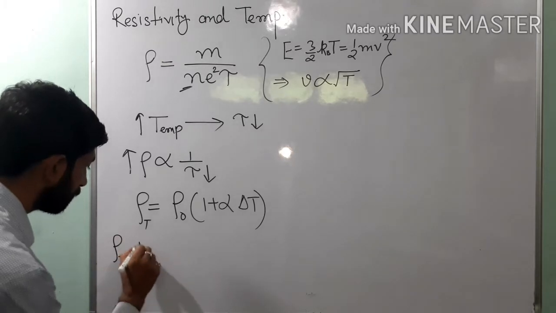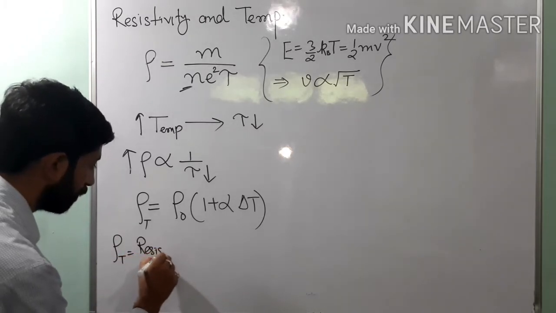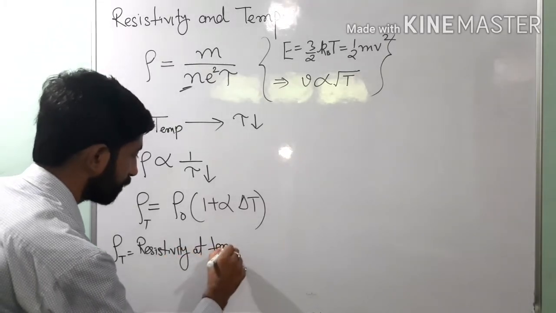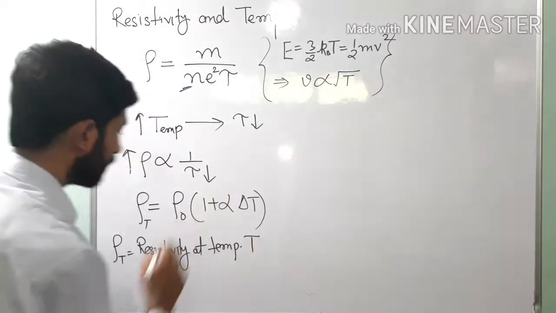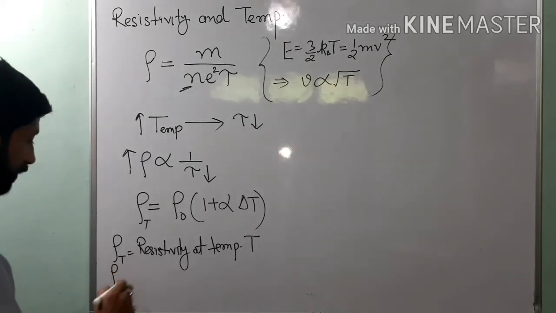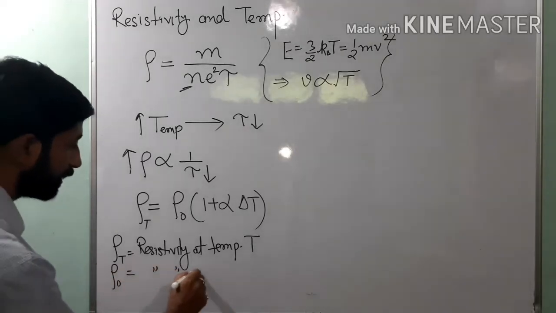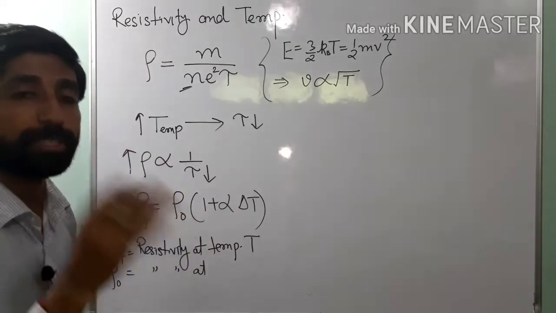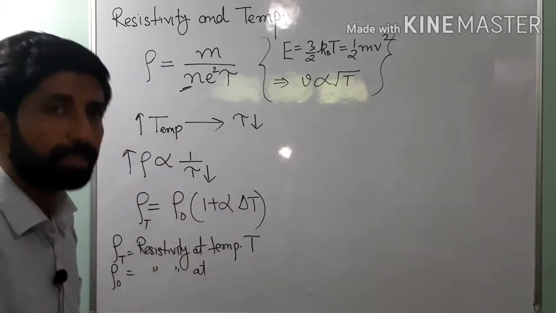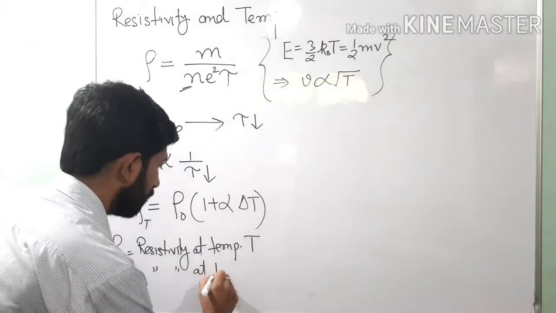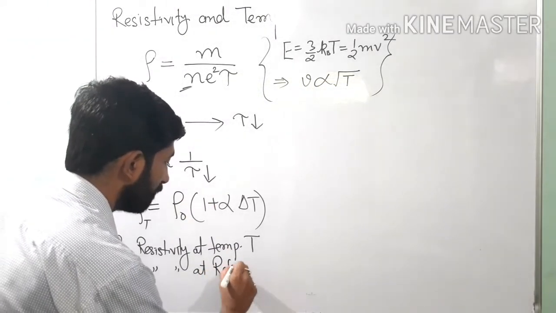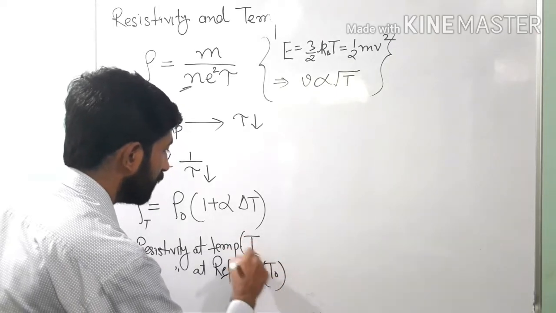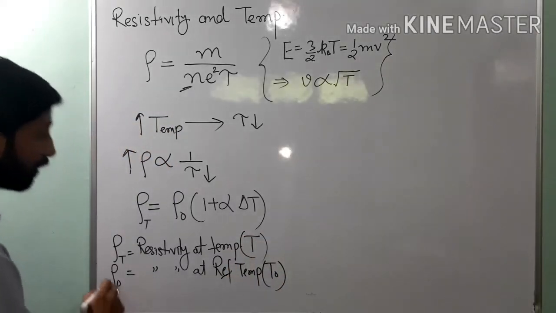Rho naught is the resistivity at a certain reference temperature, wherever you are starting from. Generally it is taken as room temperature, so at reference temperature T naught.